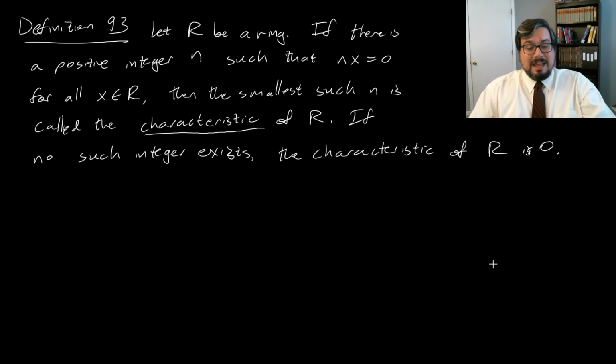So if we have a ring R such that if you add up anything, it eventually comes back around to 0, and there's some number n such that that always happens, then we refer to that as the characteristic of R. Incidentally, this is possibly one of the reasons why rings carry the name rings.